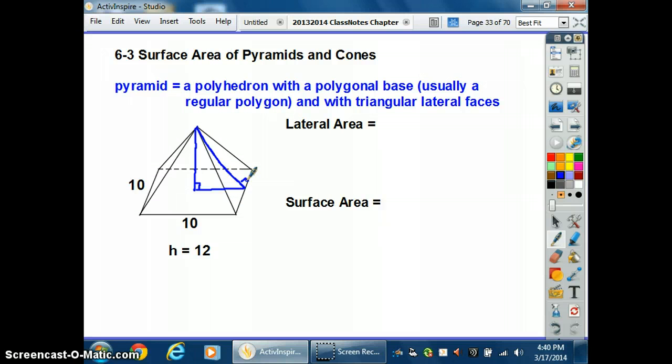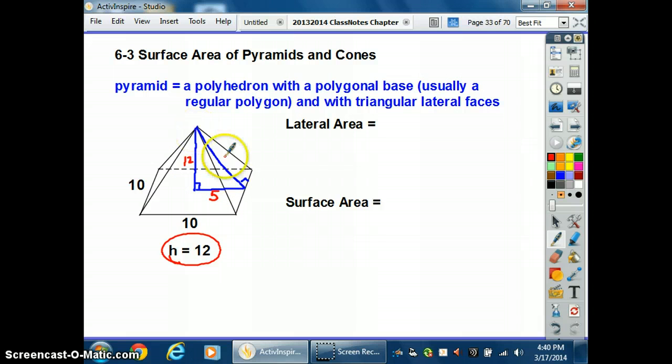Okay, and this distance from the center out to the edge would be 1/2 of 10, which would be 5. This height is 12. Here we have a right triangle, 5, one leg, 12, the other.